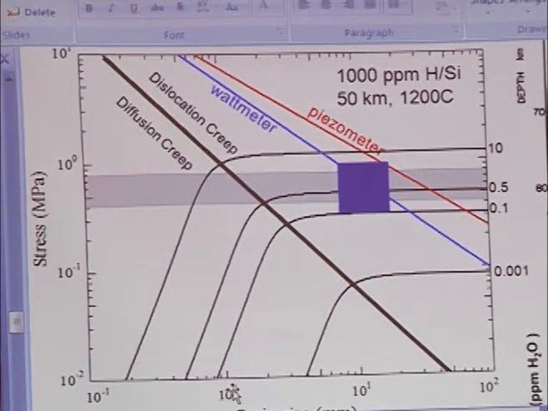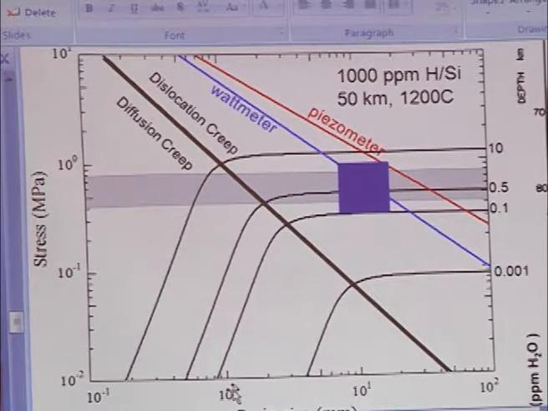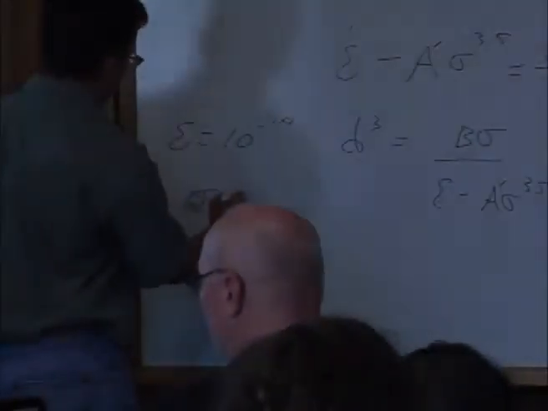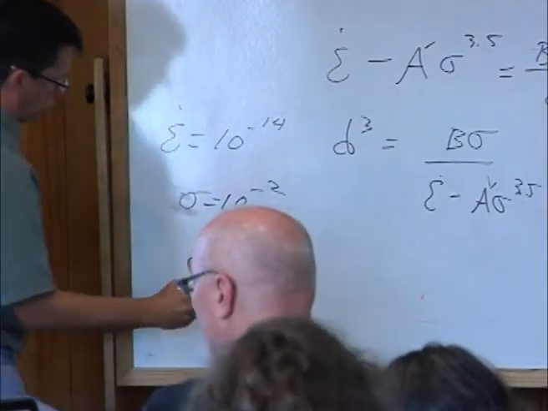All right? So in your MATLAB script, you'll do this equation from sigma equals, what did we say? 10 to the minus 2 to sigma equal.